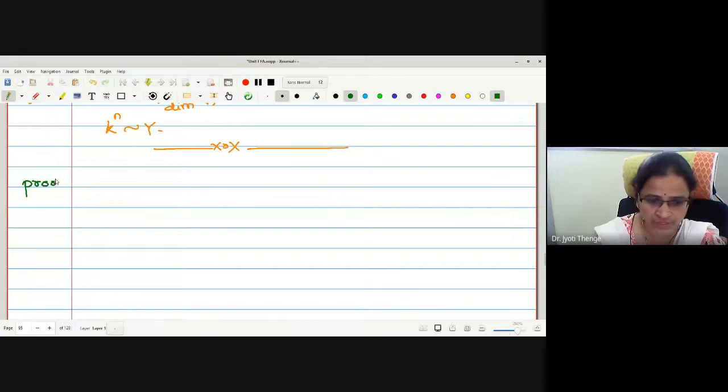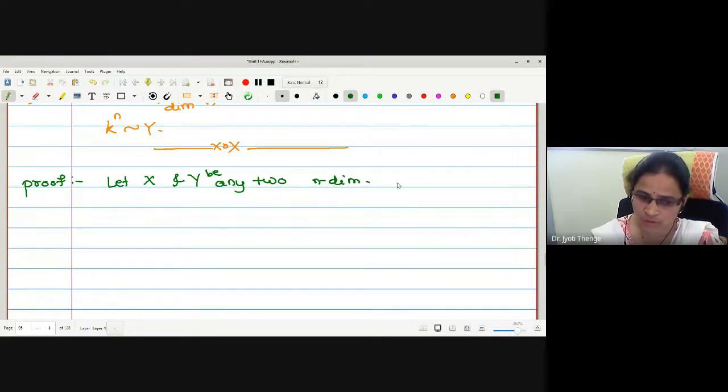Here what I will write: let x and y be any two n-dimensional non-linear spaces over the same scalar field K. Okay, underlying field for the two linear spaces are same.